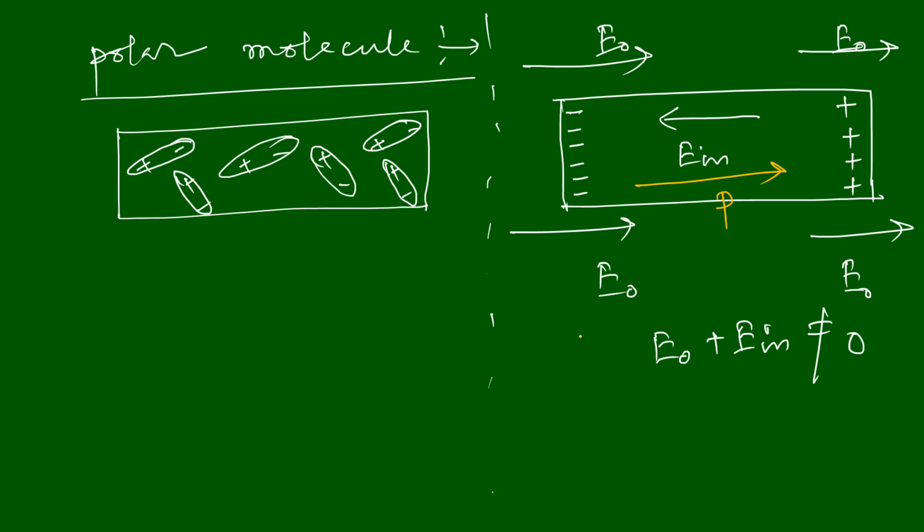So we can say the polarization should have some relation with the electric field, right? The more intense the electric field, the more polarization will happen. So the polarization will be directly proportional to the external electric field E or E naught. So polarization P equals Xe multiplied by E. What is Xe here?